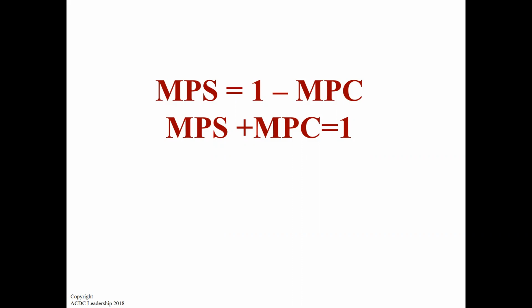Okay. Any questions on consumption and savings? Now, this is going to help us figure out the multiplier, because when Josh gets $100, we're going to figure out how much of that is he going to save or spend. If he saves it all, it hurts the multiplier.